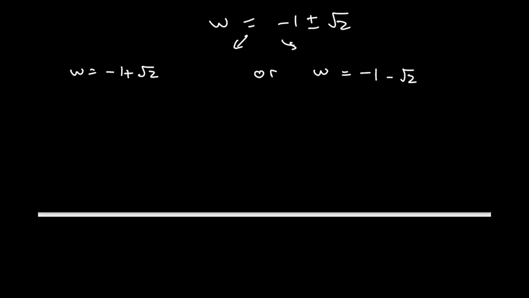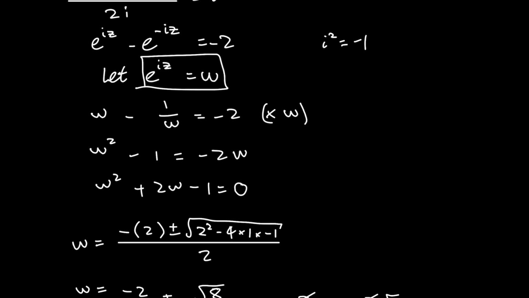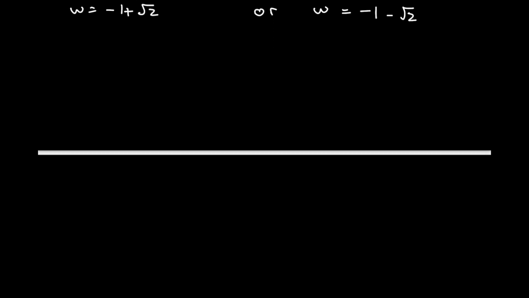Initially we said that w was equal to e to the iz, so we go back and sub in e to the iz for w. Since we're writing w in a complex exponential form, we'll write minus 1 plus the root of 2 in complex exponential form as well. And maybe an Argand diagram will help for this.